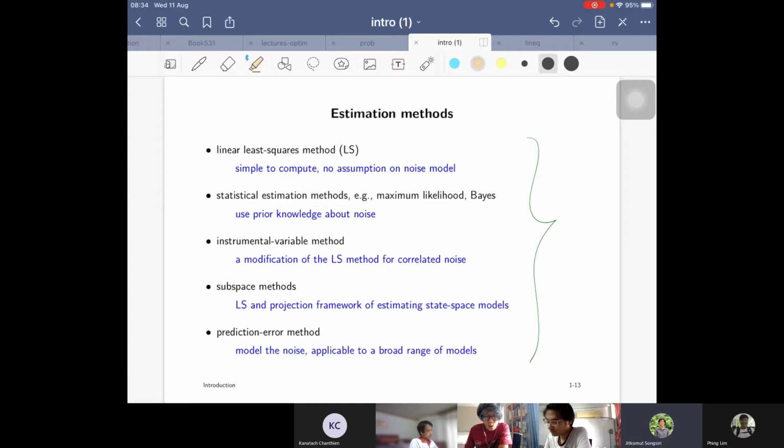Here we give you an example of the estimation methods that we are about to cover in this course. The first and the most basic one is linear least squares. You may have heard this term before as linear regression.